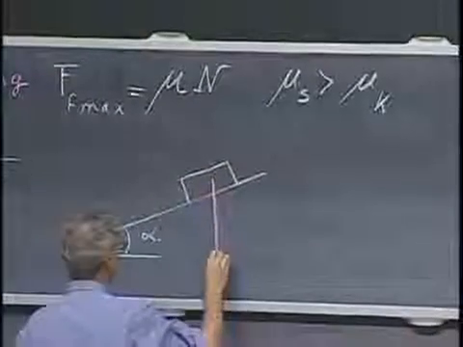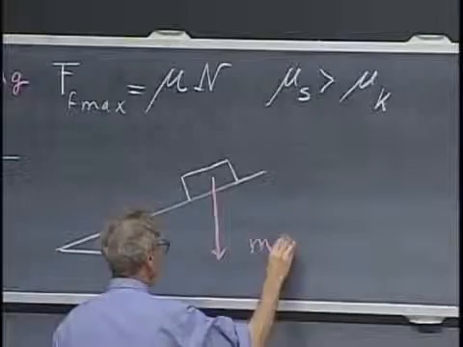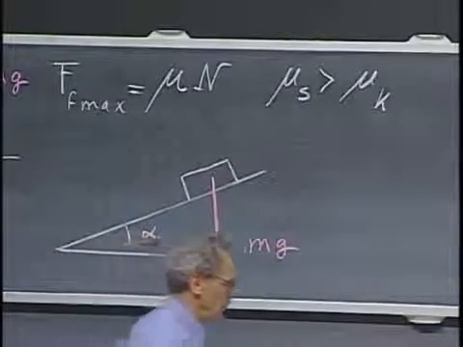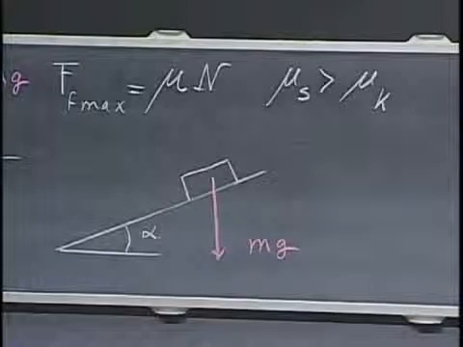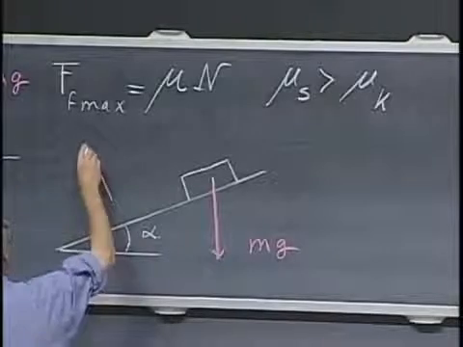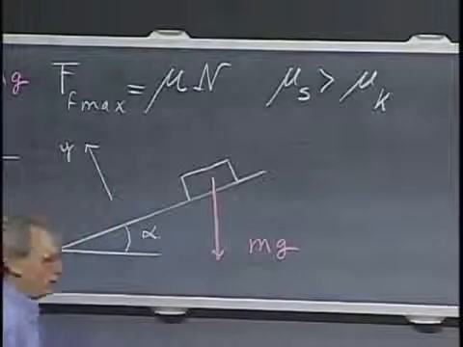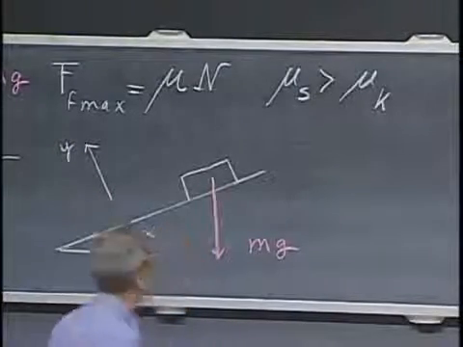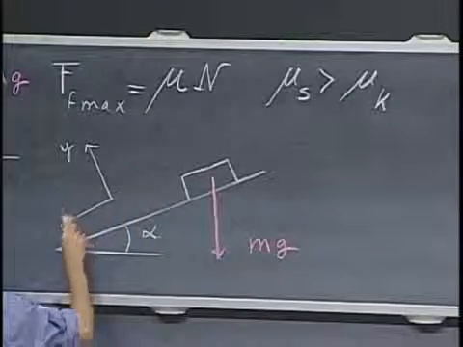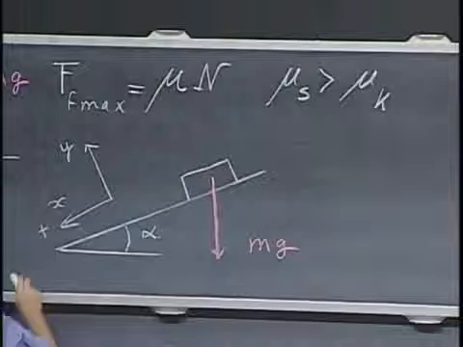This is the gravitational force mg, which I will decompose in two forces, one in the y direction, which I always choose perpendicular to the surface, and another one in an x direction. You're free to choose this plus or this plus. I will now choose this, the plus direction.